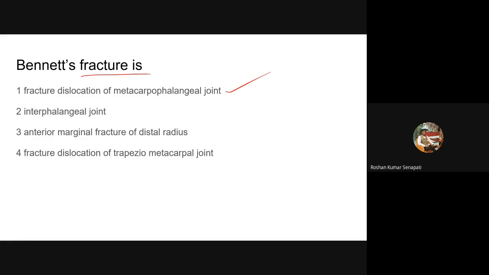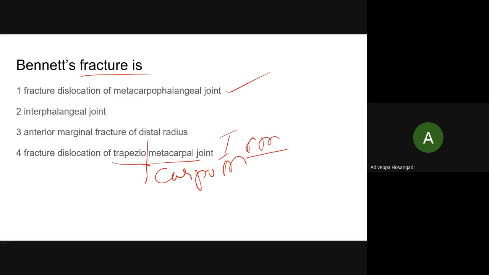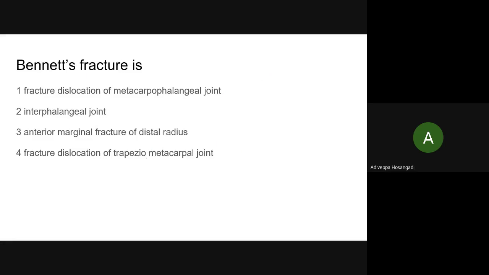Trapezium metacarpal, yes. So instead of saying carpo metacarpal, it is trapezium bone with metacarpal, which is the first carpometacarpal joint. So don't answer impulsively, you'll be in a mess.